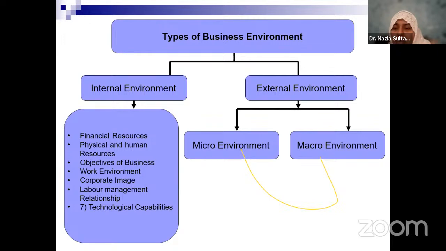Similarly, how is the labor managed, what kind of technological capabilities the company has within itself, what kind of brand building and image it has got in the market. Some environmental factors where a little bit of control can be exercised by the company, which will have an impact on the business environment.